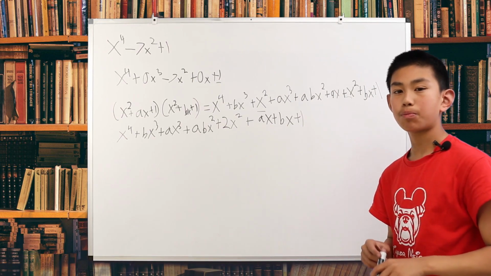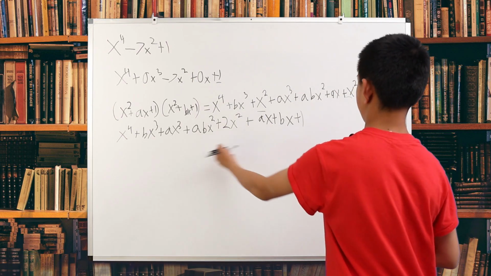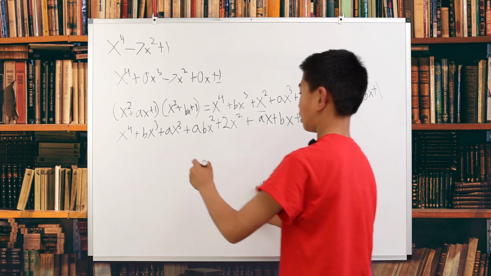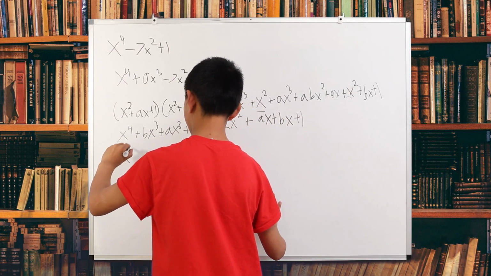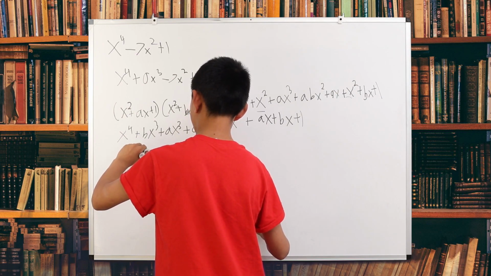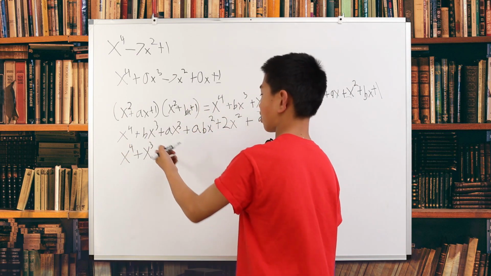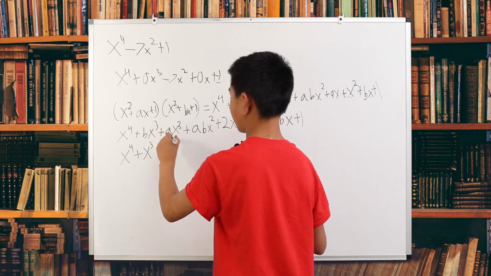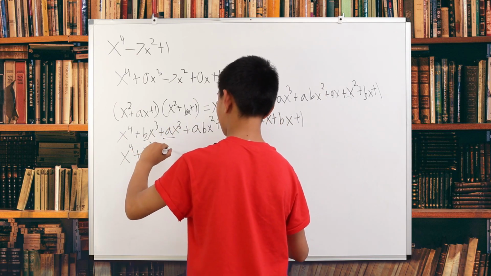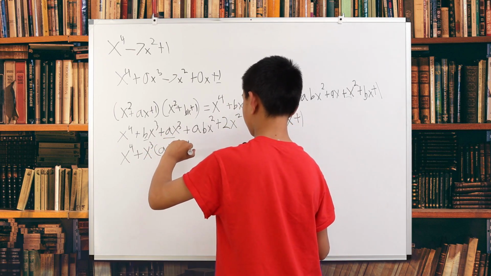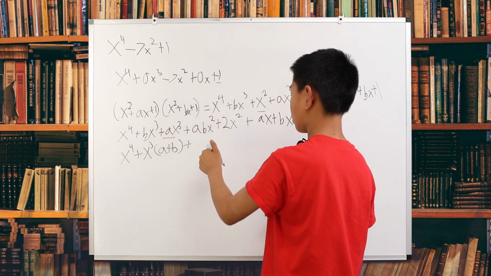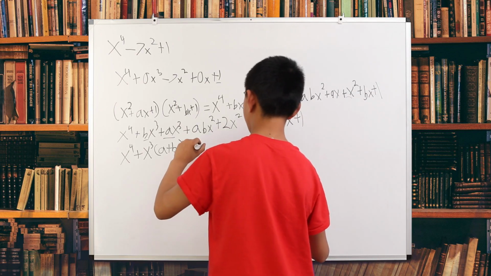Now we can make parentheses for each factor here. So, like so. The first one is still going to be x to the fourth. x to the fourth plus x to the third. We can take an x to the third out of this and this. That's just going to be a plus b. And we do the same thing. This is a little special. We take out the x squared.